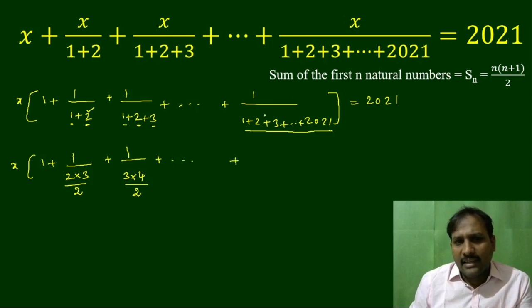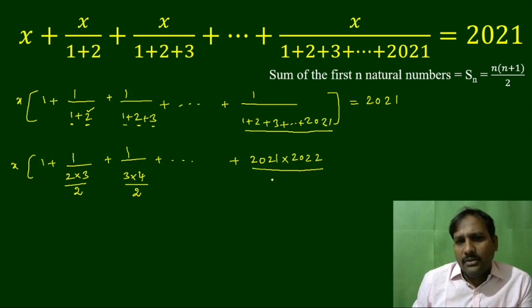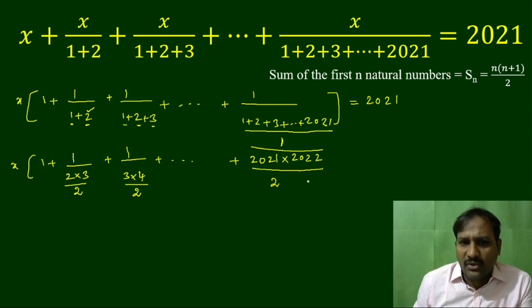And here the sum of 2021 terms, so n is equal to 2021. So n into n plus 1 by 2: 2021 into 2021 plus 1, that is 2022 by 2, and this is in the denominator. So 1 by 2021 into 2022 by 2 is equal to 2021.